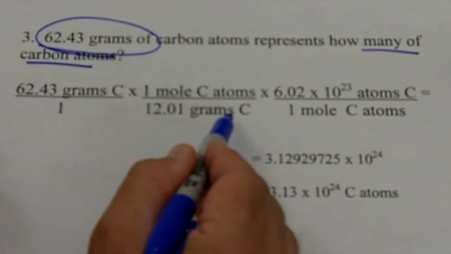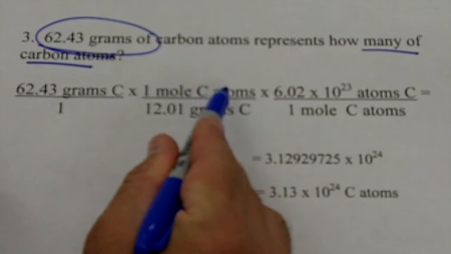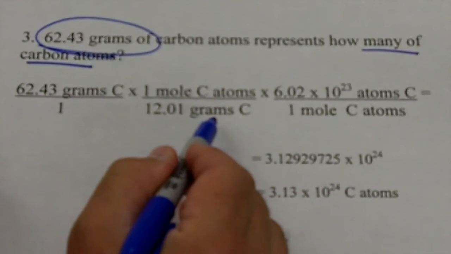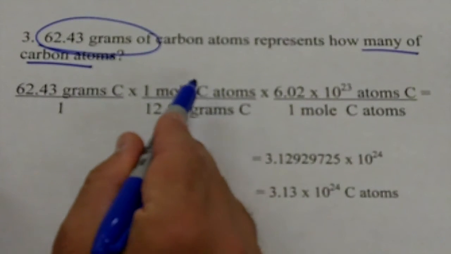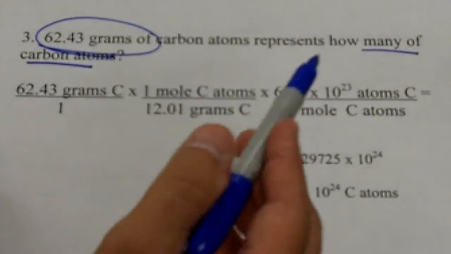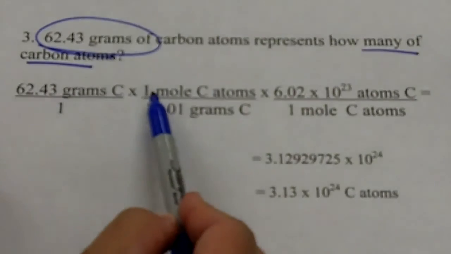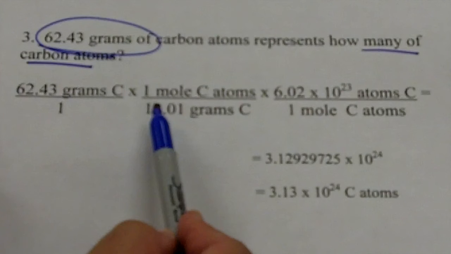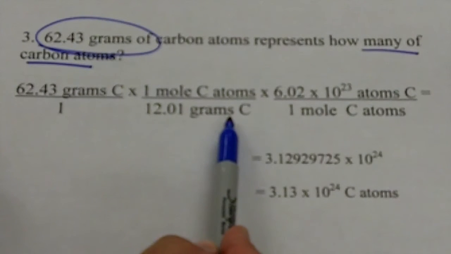Grams of carbon, grams of carbon. Whatever unit I want goes here. But once again, I can't go directly from grams to the number of atoms, so I have to go through the mole intermediate. So I now know from the previous problem that 1 mole of carbon atoms weighs 12.01 grams.